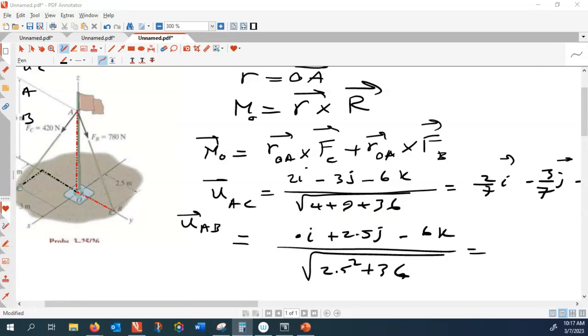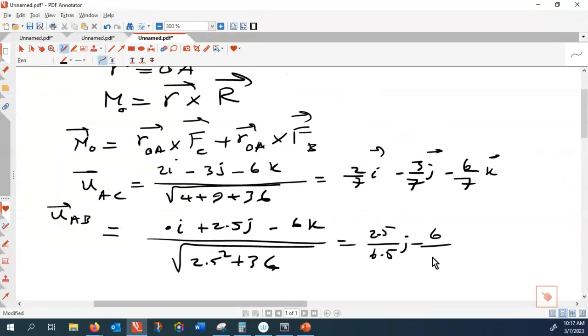This doesn't seem to give a perfect number. Let's do it again, 2.5. Yeah, that's 6.5. So that is 2.5 over 6.5 j minus 6 divided by 6.5 k. Now we have the unit vectors.